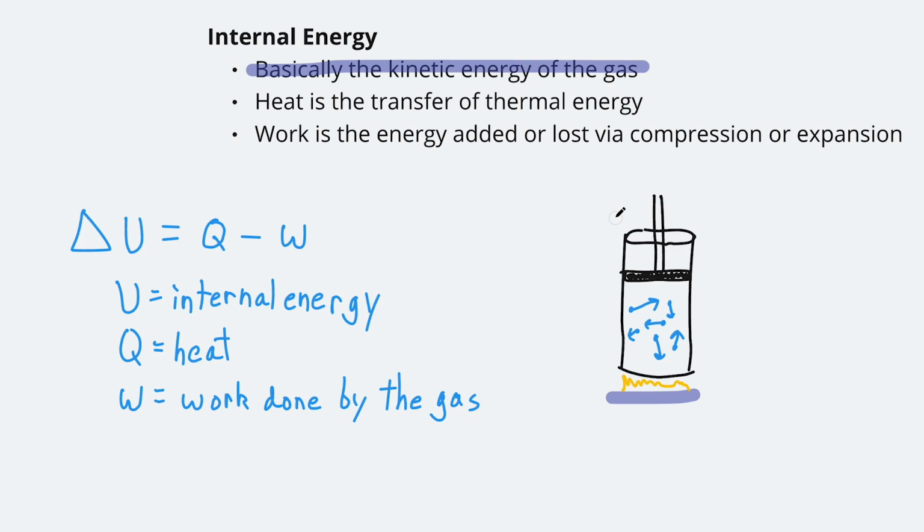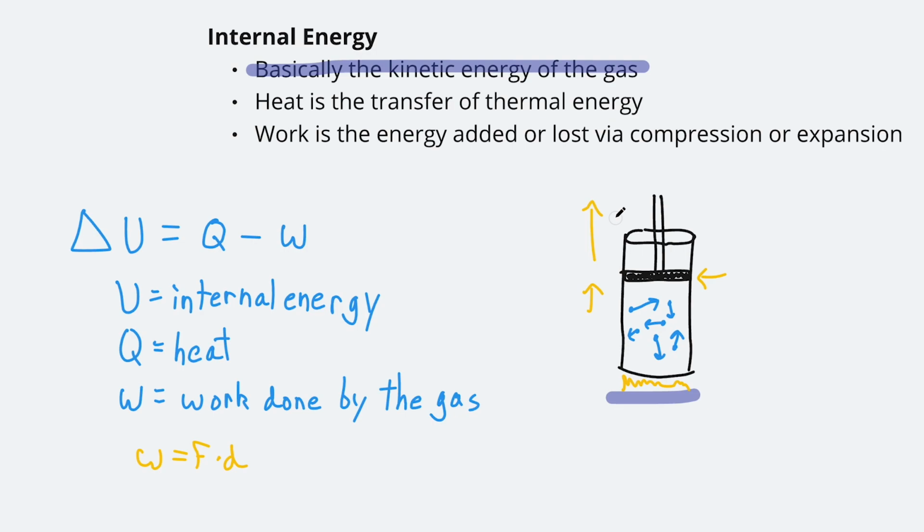So if we say this piston here is movable, and that these gas particles are bouncing around, they are exerting a force upwards on that piston. And if they can exert enough force on that piston, then the piston is going to travel upwards. And the equation for work is W equals force times distance.